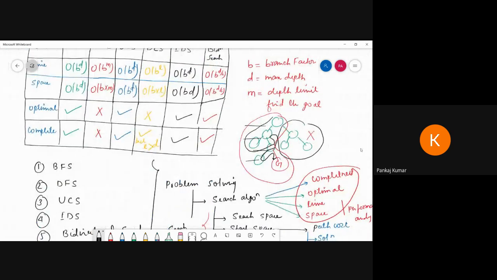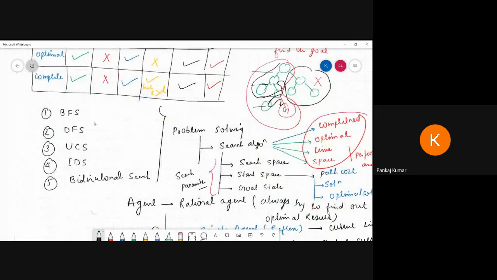If you're talking about uninformed search, we discussed BFS, which is a tree-based search.